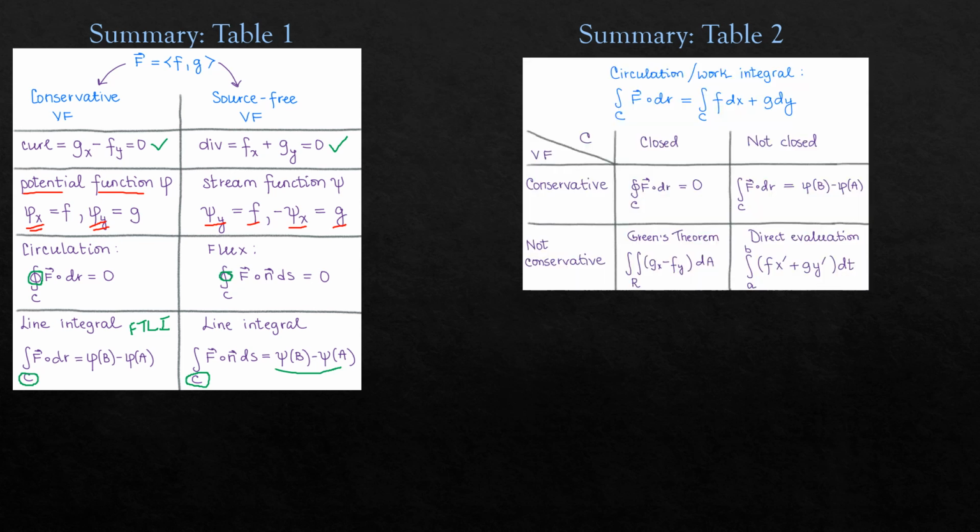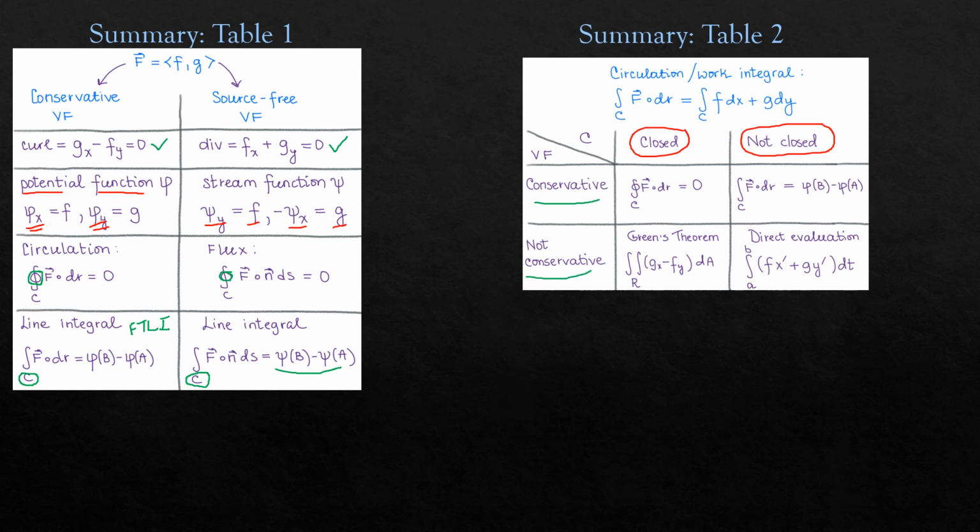Now let's take a look at another summary here. So if we look at circulation or work integrals, okay, we can split it up into several categories. The curves can be either closed or not closed, okay? And for the vector field, we also have two types, conservative and not conservative, okay?